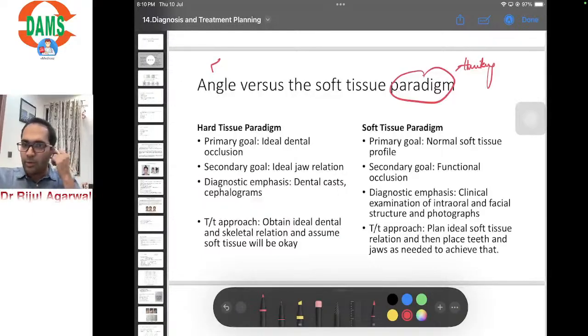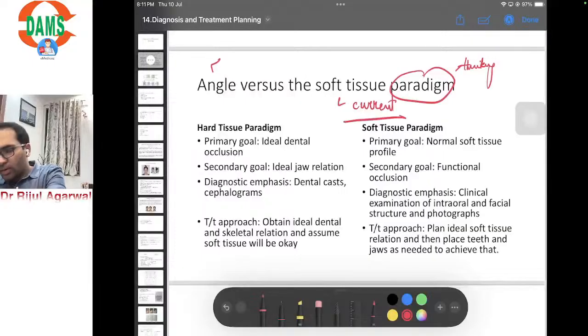Anyhow, coming back to the topic. So Angle versus the soft tissue paradigm. Paradigm means the thinking which is prevalent at that particular time. So Angle had a particular thinking, and the soft tissue paradigm is the current thinking or current attitude.